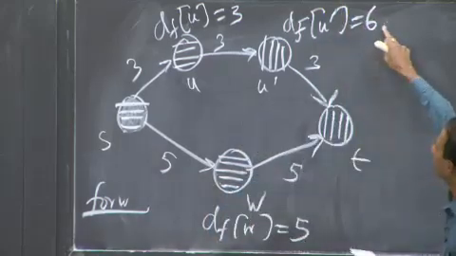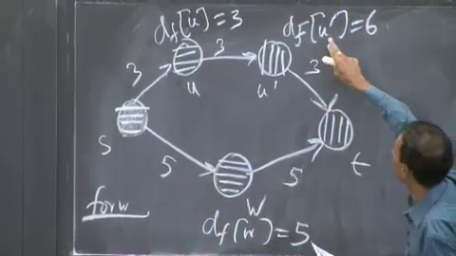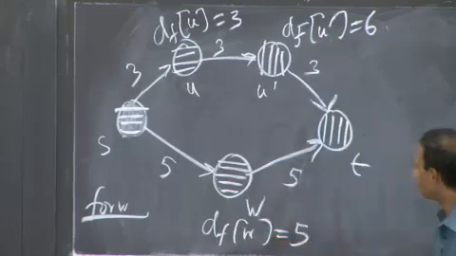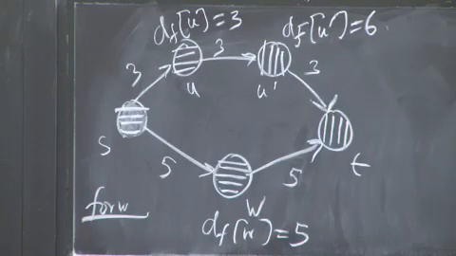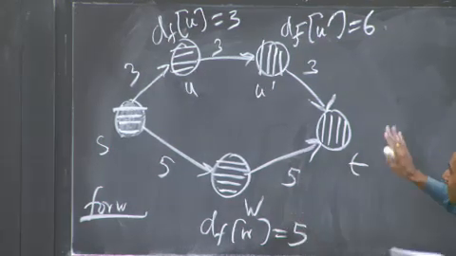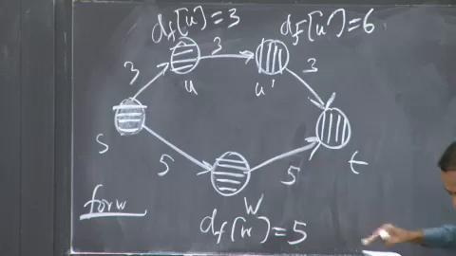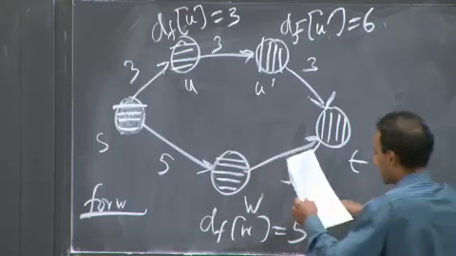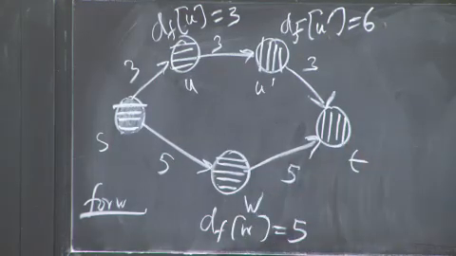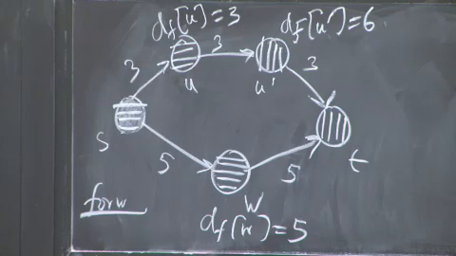So if I compare in QF, I would be comparing U prime and W, and I would pick W. OK? People buy that? I hope you buy the fact that 5 is less than 6. So that's what happens in this step of forward search.